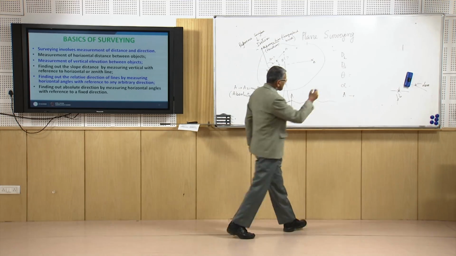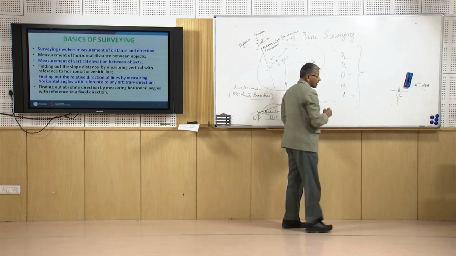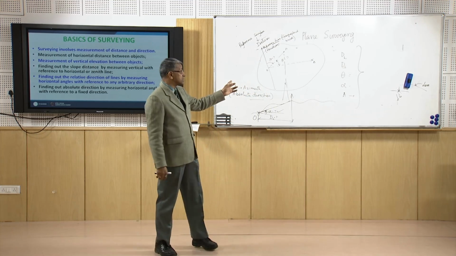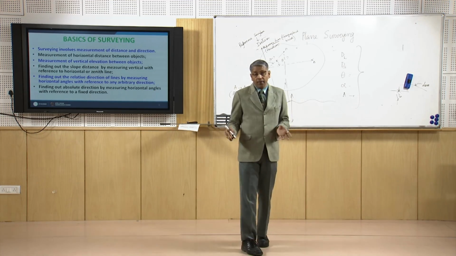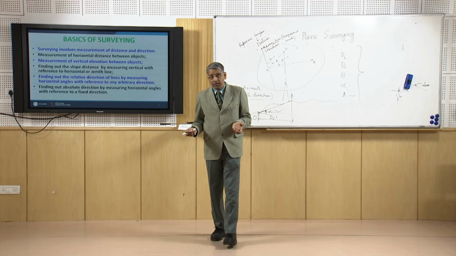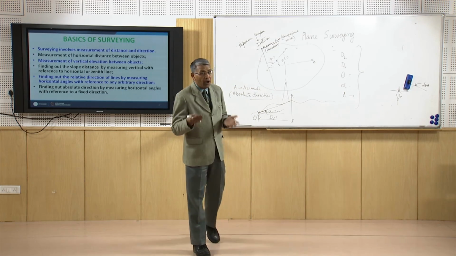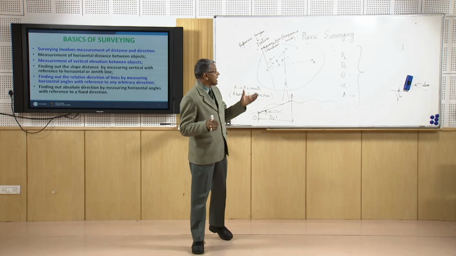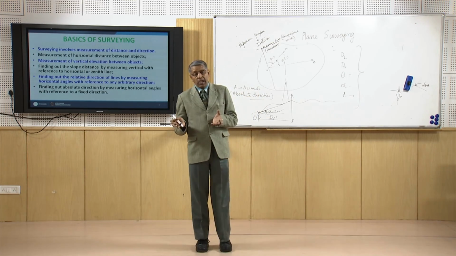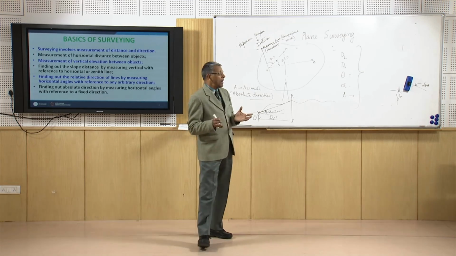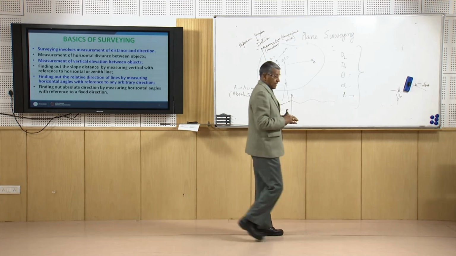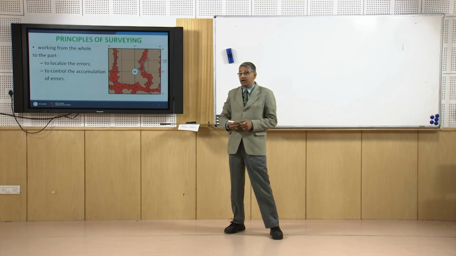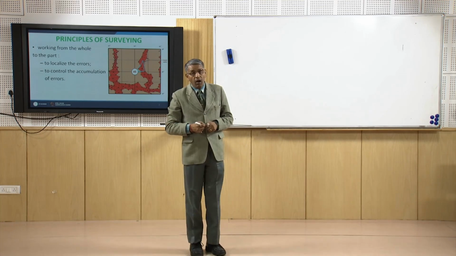These are the parameters we measure in plane surveying, and from these parameters we get the relative location of stationary points or objects of important features, and from there we convert it to mapping of the area. Now, with this background, we would like to discuss the principle of surveying.